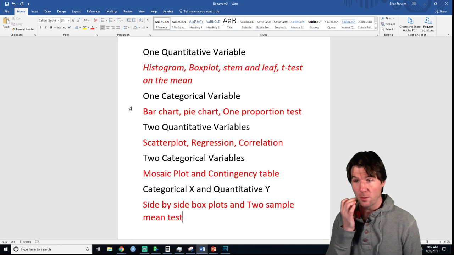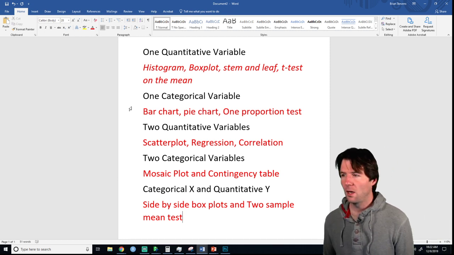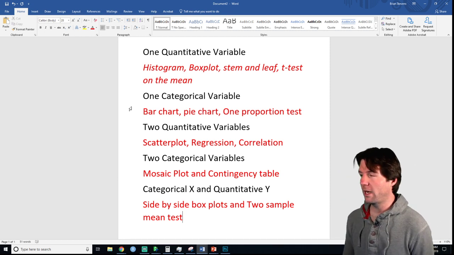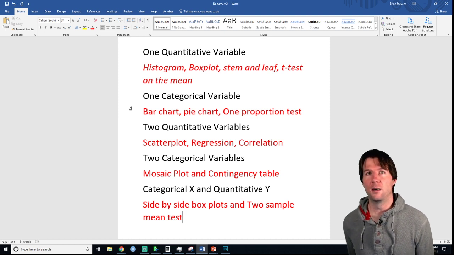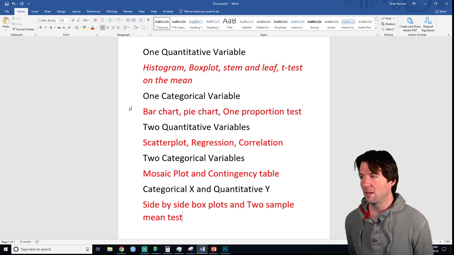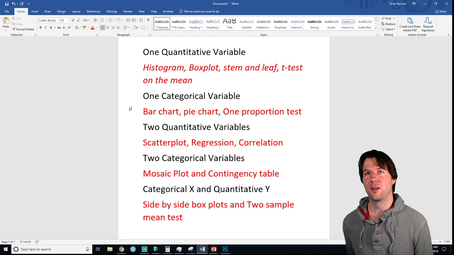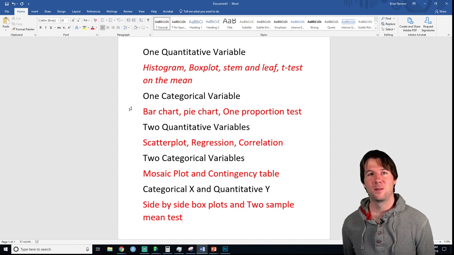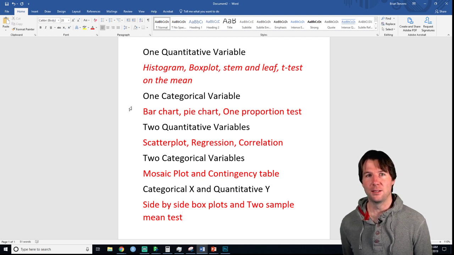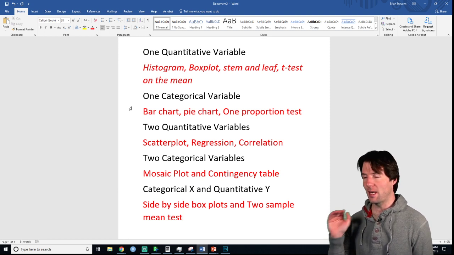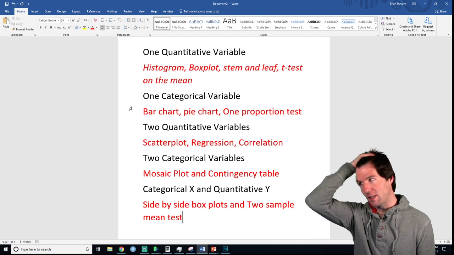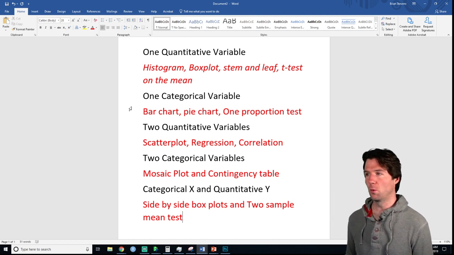But here, let's do an example problem or two, and then I'll take Kelly's question next. If I were to say, I want to take data on your grade on the exam, as in A, B, C, D, or F, and your class level at UT like freshman, sophomore, junior, what would we do?